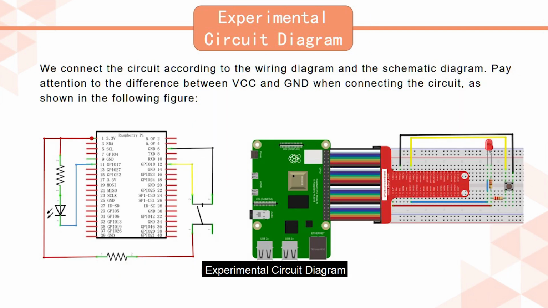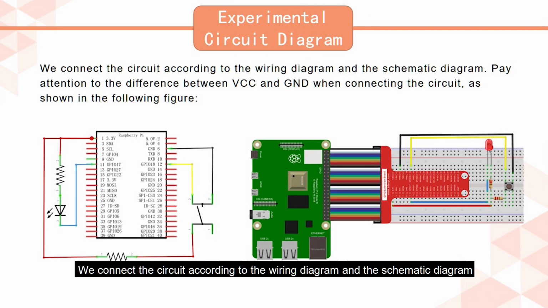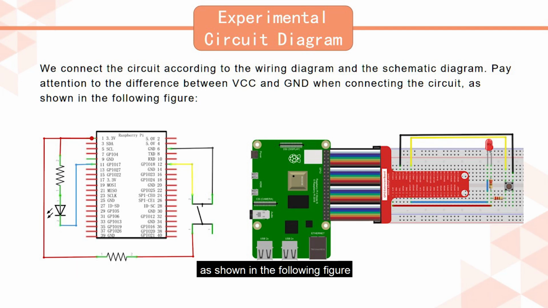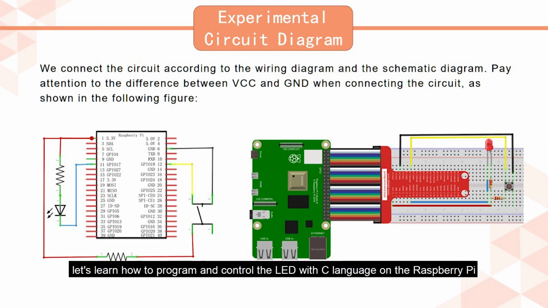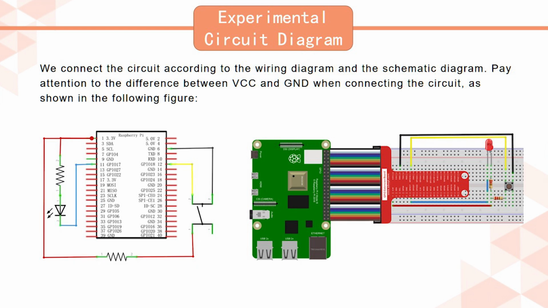Experimental circuit diagram. We connect the circuit according to the wiring diagram and the schematic diagram. Pay attention to the difference between VCC and GND when connecting the circuit, as shown in the following figure. After the circuit is connected, let's learn how to program and control the LED with C language on the Raspberry Pi.